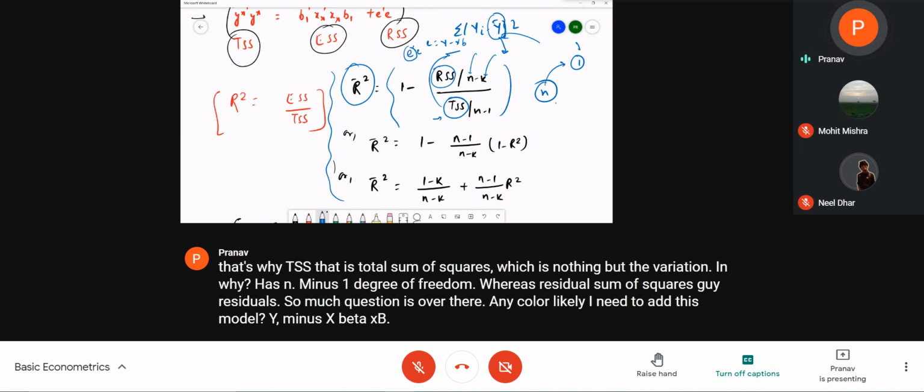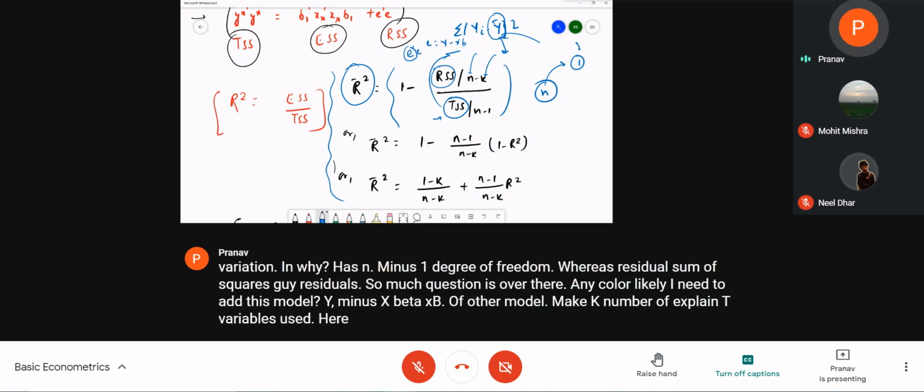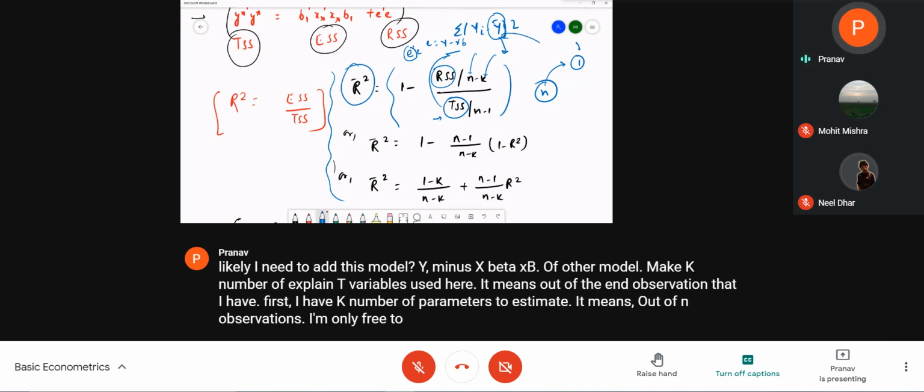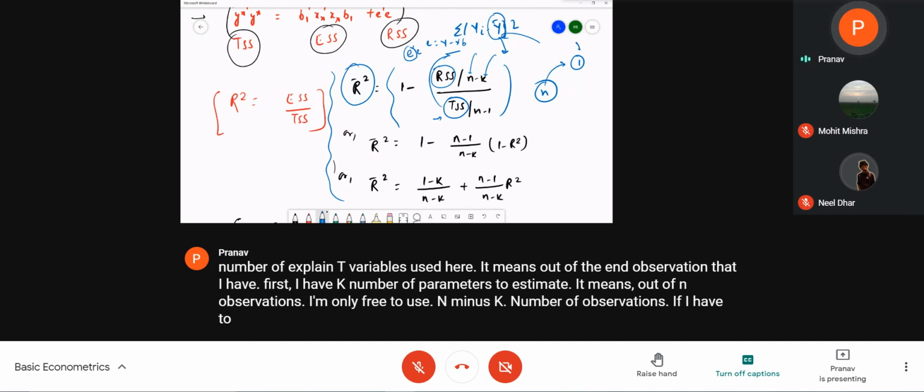Now if my model uses k explanatory variables, it means that out of the n observations that I have, I first have k parameters to estimate. It means out of n observations, I'm only free to use n minus k observations to calculate the residual sum of squares.